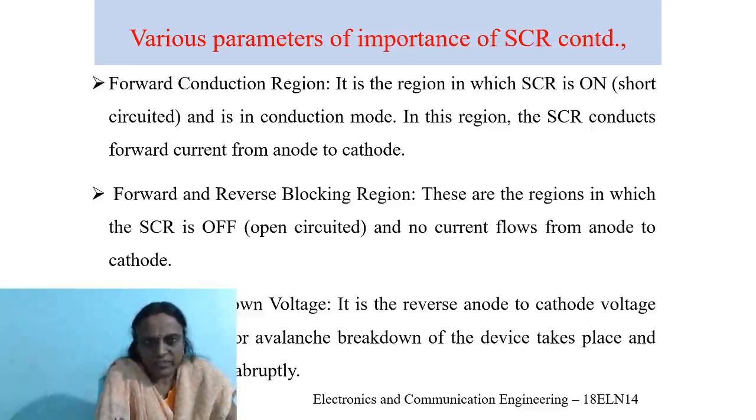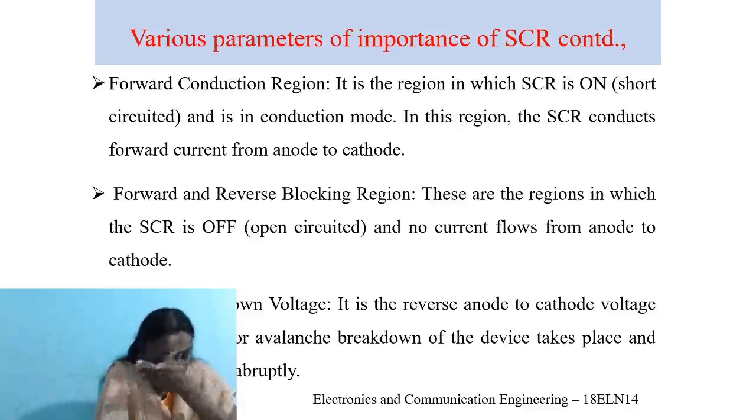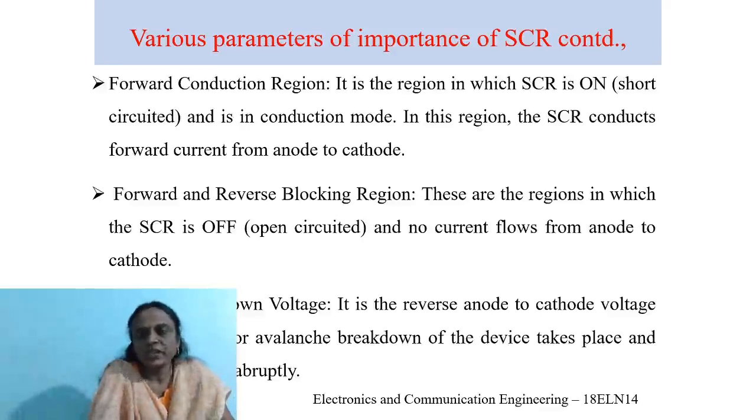Another important parameter is the forward and reverse blocking regions. These are the regions in which the SCR is off. Off means open circuit, so no current will flow from anode to cathode.